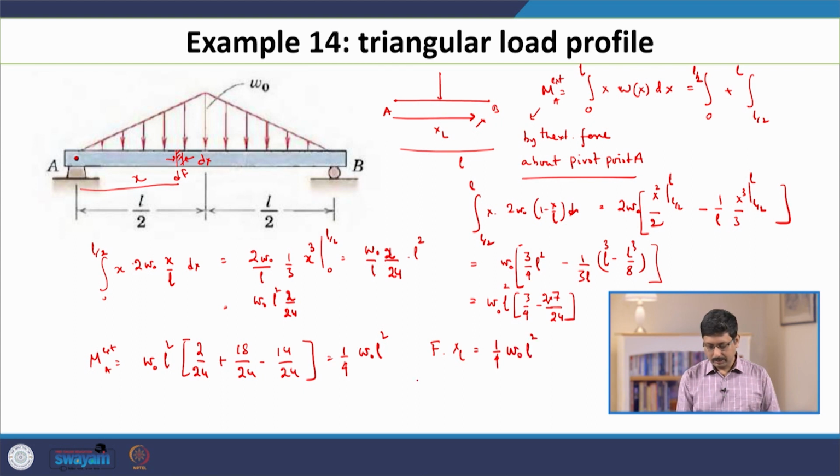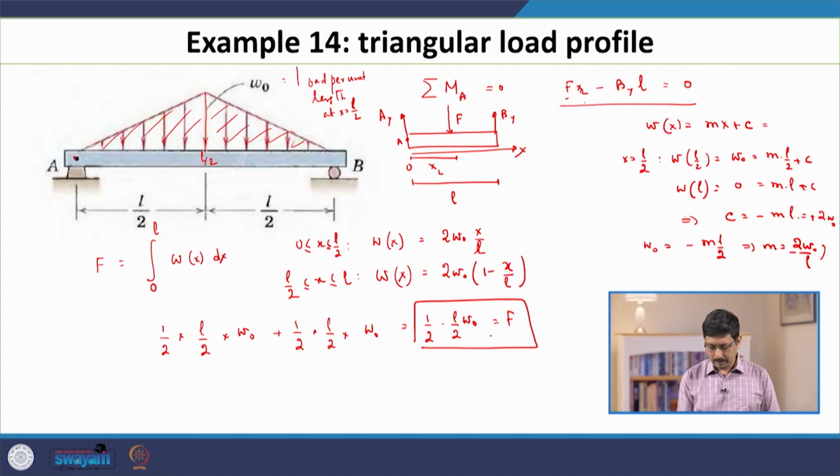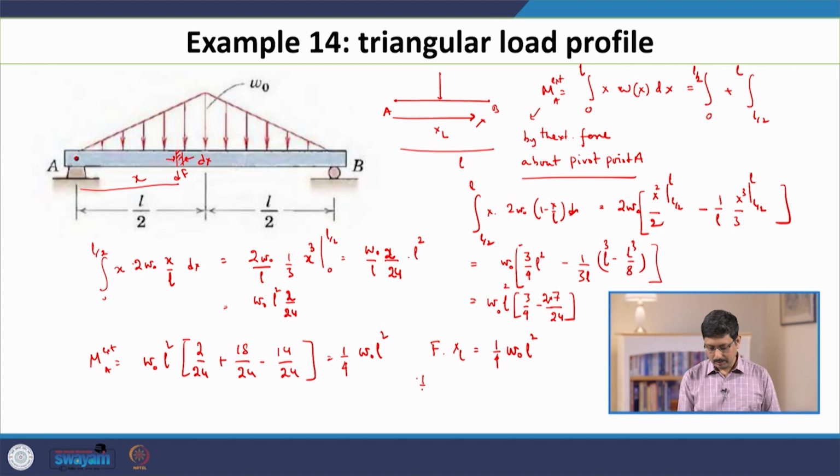Now, F we just computed here, F is 1 by 4 W naught times L.